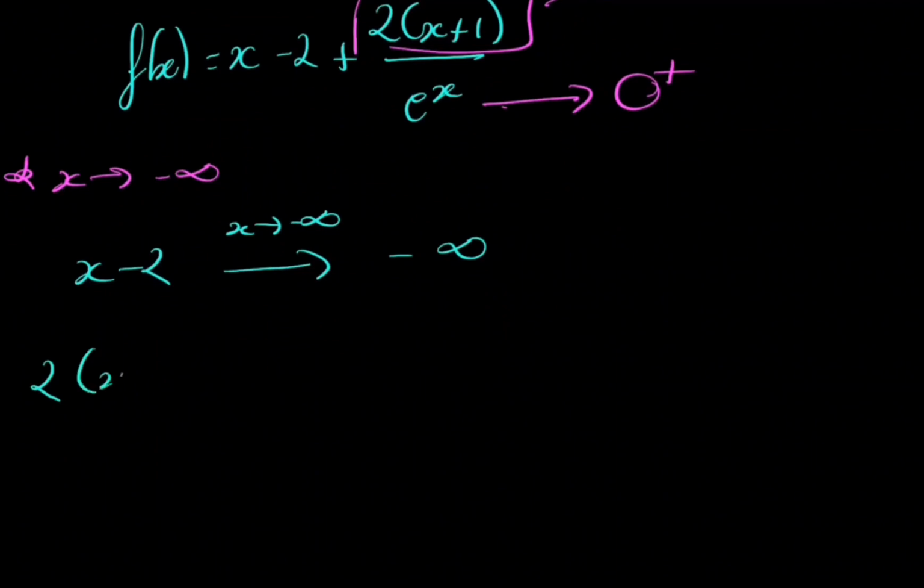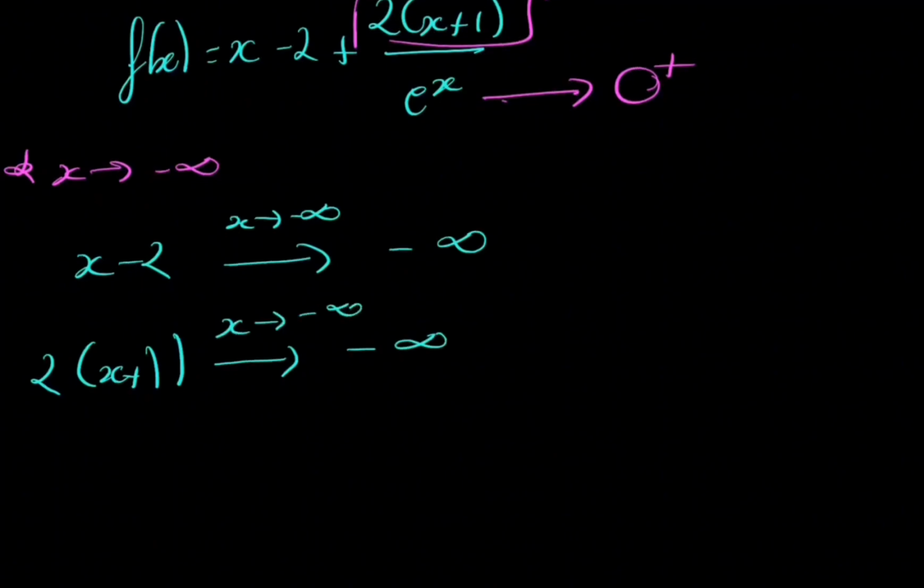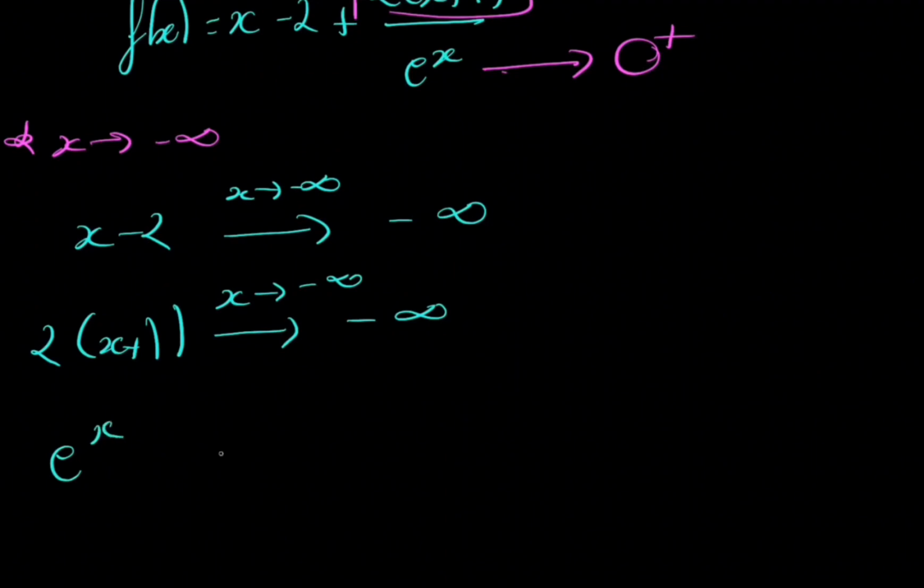So 2x plus 1 tends to minus the infinity when x tends to minus the infinity. Exponential of x will tend to 0 but plus, so a positive 0. This is important to get the sign of the quotient when x tends to minus the infinity.